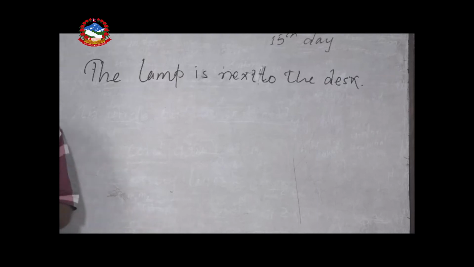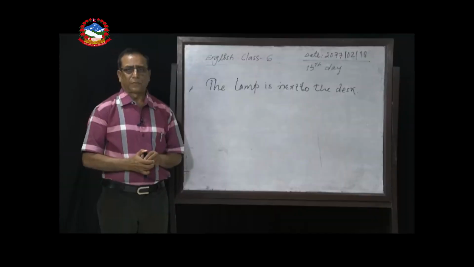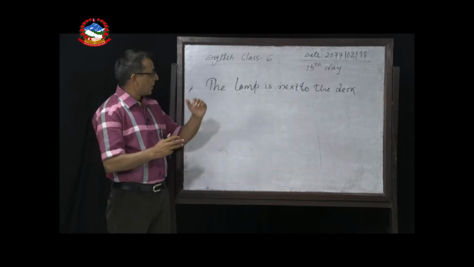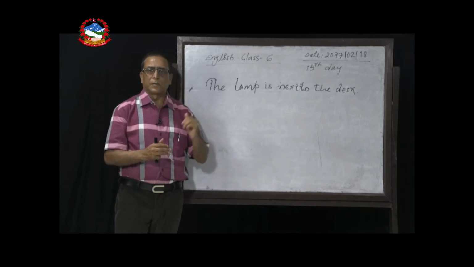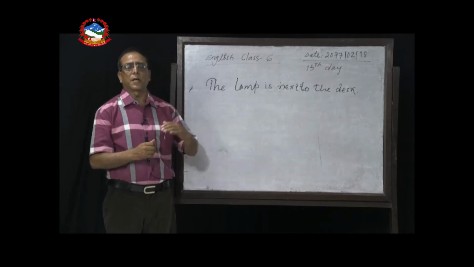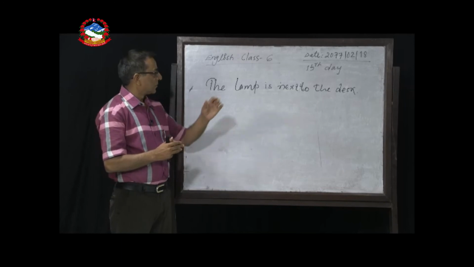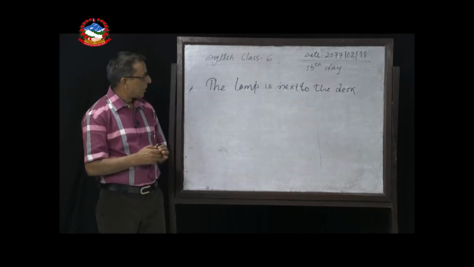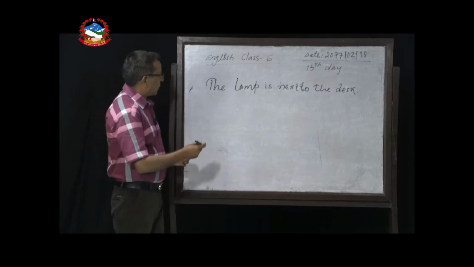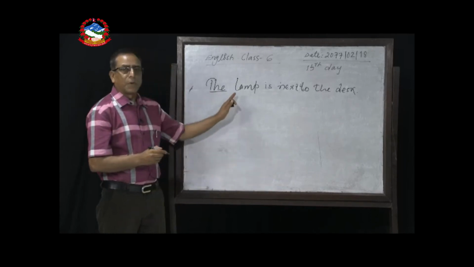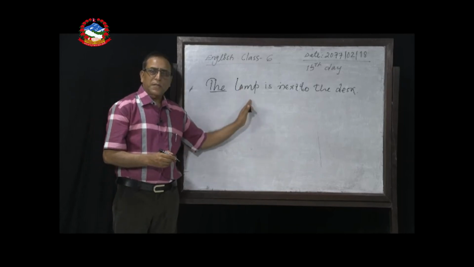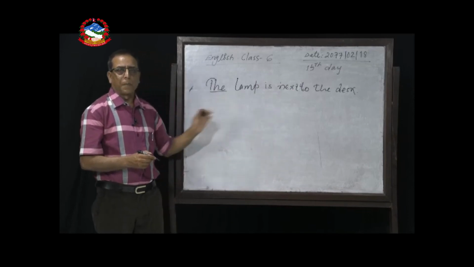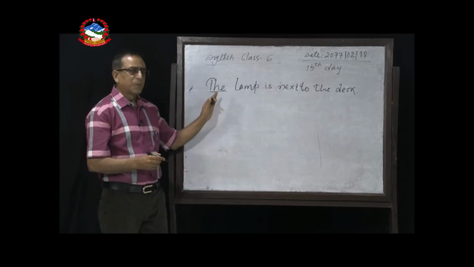Which lamp are we talking about? It has to be clear which lamp we are talking about right now: the lamp which is next to the desk. So, obviously, we use the article before lamp because this is the lamp next to the desk that we are talking about. So, we use the article here.